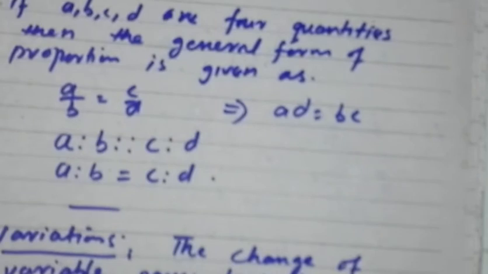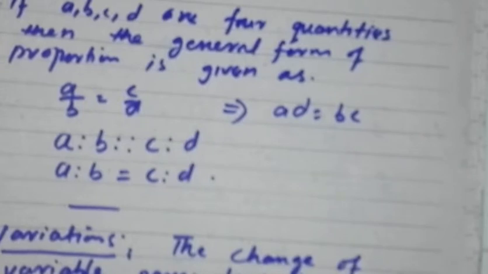Next, variation. In our daily life, we have to deal with different kinds of quantities. Some quantities that are constant in different situations are called constants.